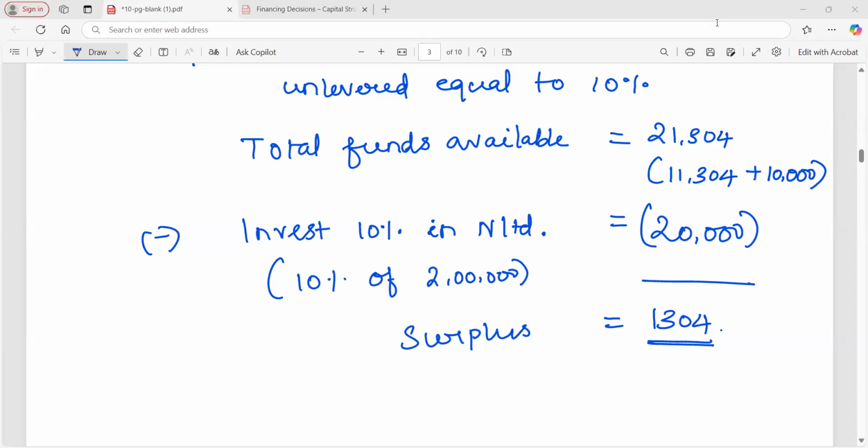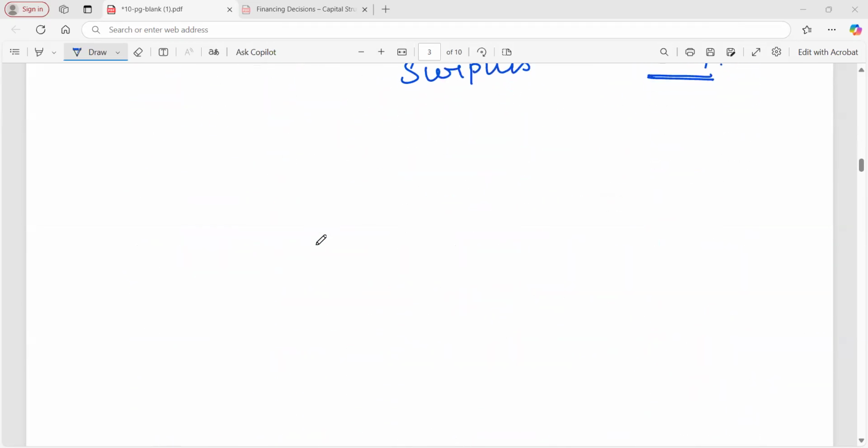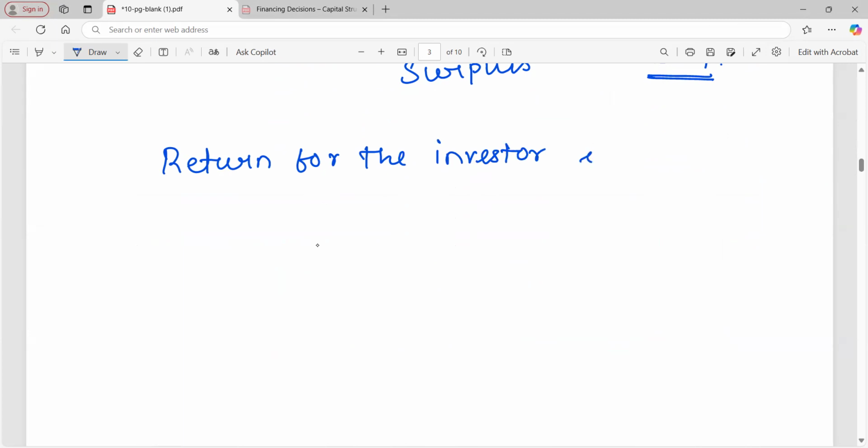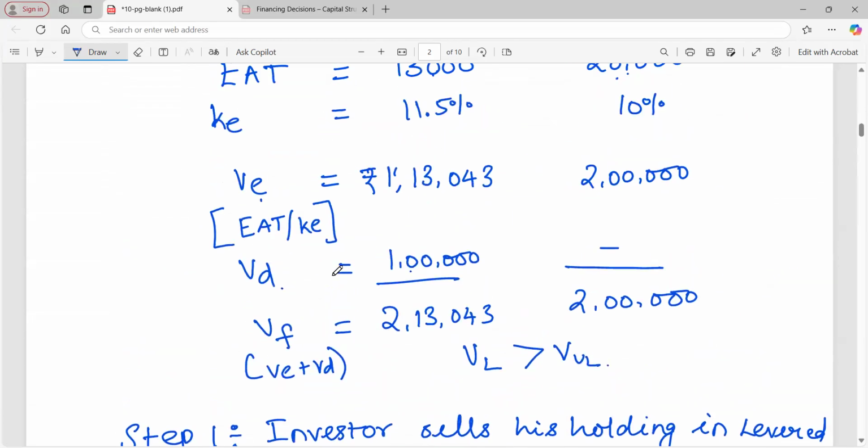Now let's understand what is the effect of this arbitrage process or how it is going to benefit the investors. So listen, for this, let's compare the returns for the investor in both N Limited and M Limited. So return for the investor in M Limited. Previously the investor was holding 10 percentage in M Limited, right?